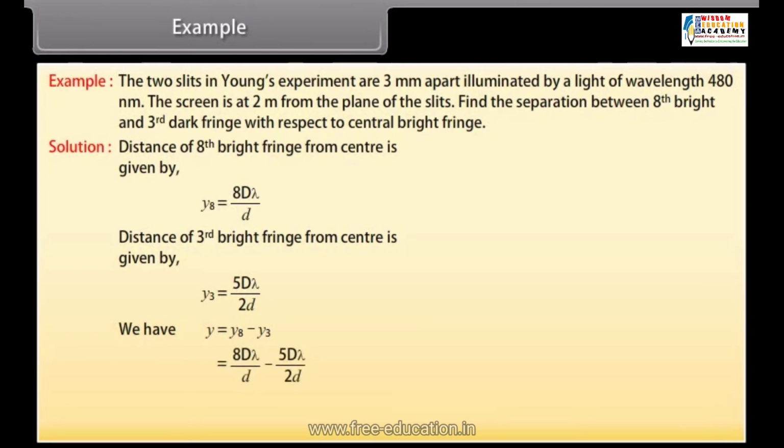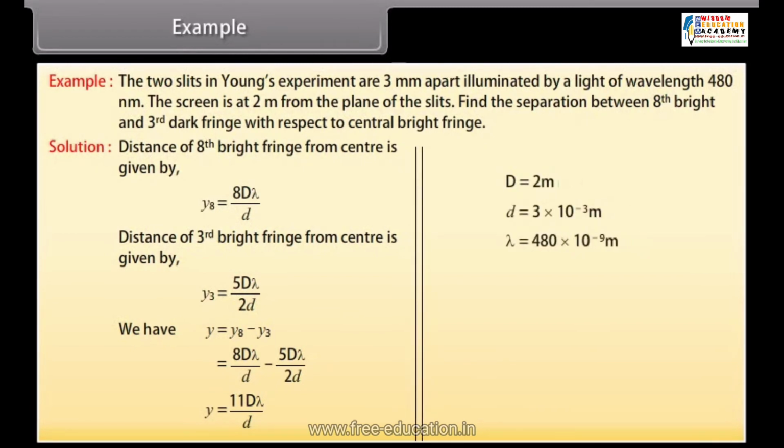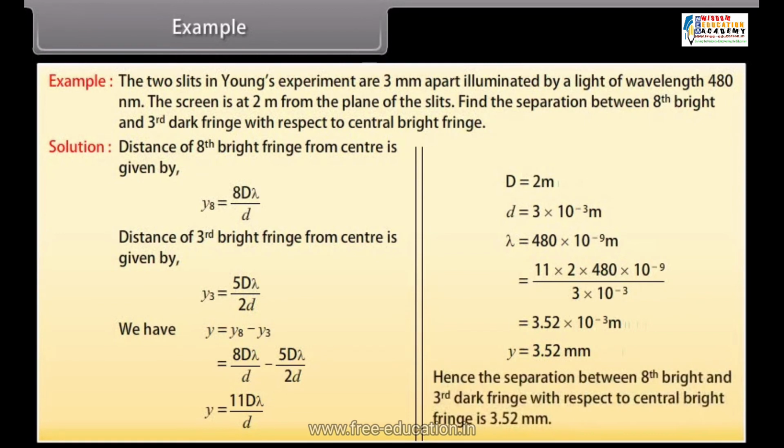By putting the values and calculating, we get y is equal to 11Dλ/2d. Putting the values in the above equation and calculating, we get the value of y as 3.52 millimeter. Hence, the separation between the 8th bright and 3rd dark fringe with respect to the central bright fringe is 3.52 millimeter.